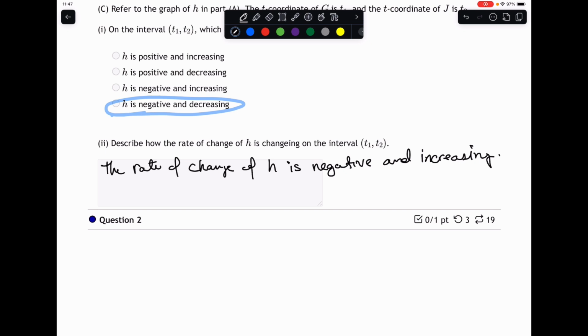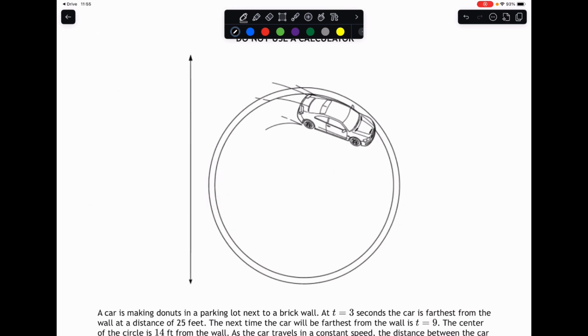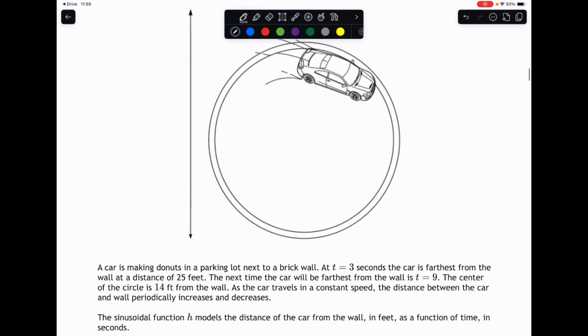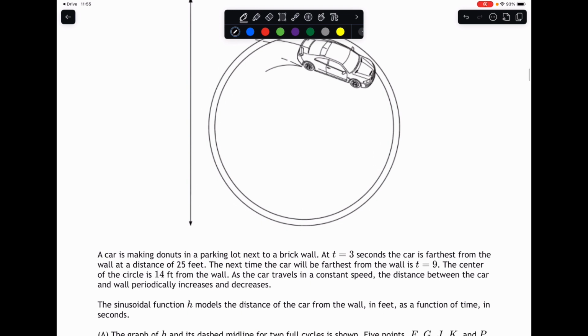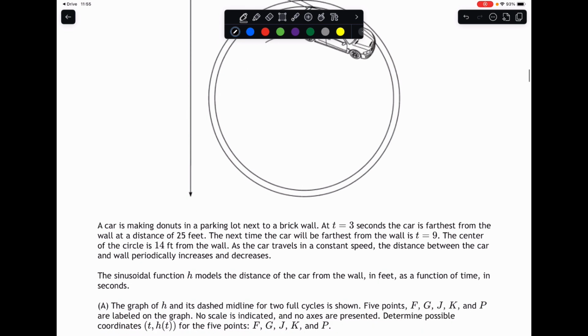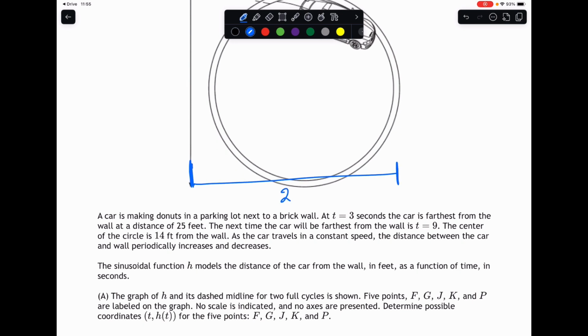So now let's move on to the second question. For question number 2, we have this diagram of a car, and the scenario is that a car is making donuts in a parking lot next to a brick wall. At t equal to 3 seconds, the car is farthest from the wall, which is a total of 25 feet. So if this is my wall, to this end over here, that's a total of 25 feet. The next time the car is going to be farthest from the wall is at 9 seconds.